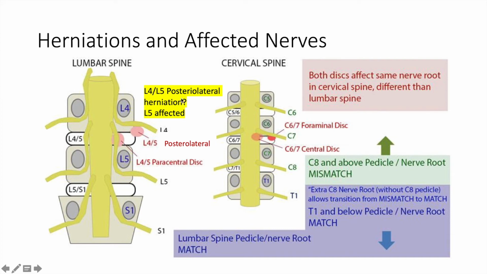But remember, posterolateral is the most common, so L4, L5, this disc space. If it's posterolateral, it's going to be the bottom one that's affected. If it is a pure lateral herniation, since that nerve root comes under the vertebrae, L4 gets affected.